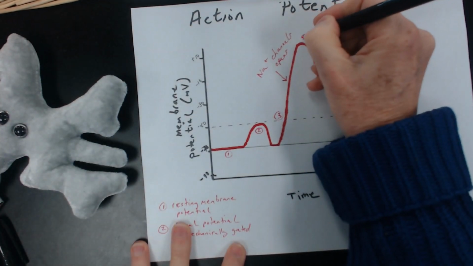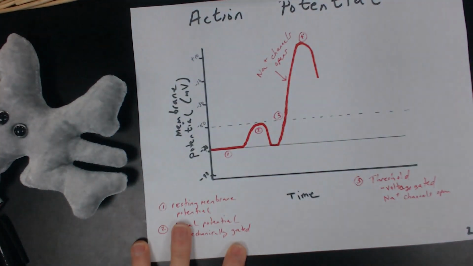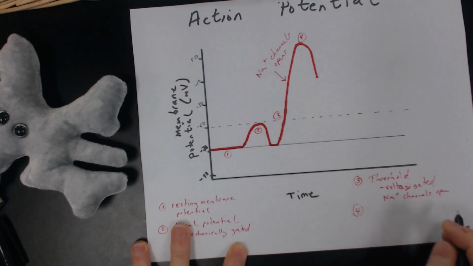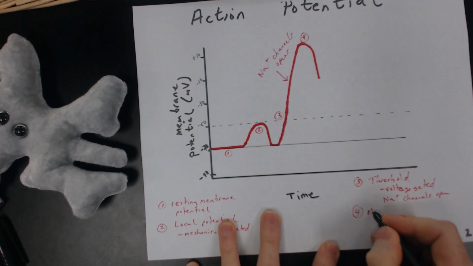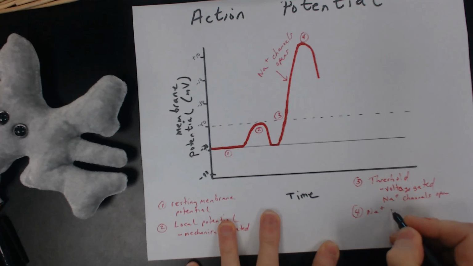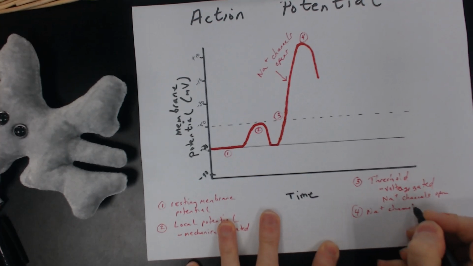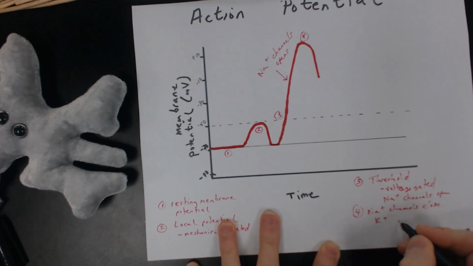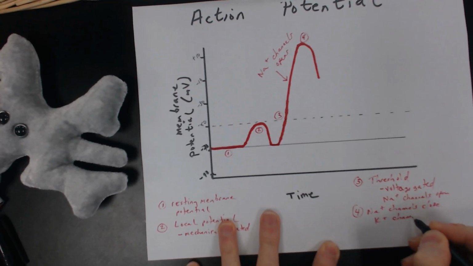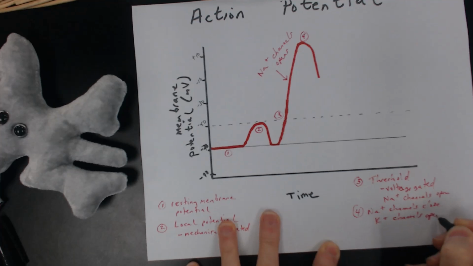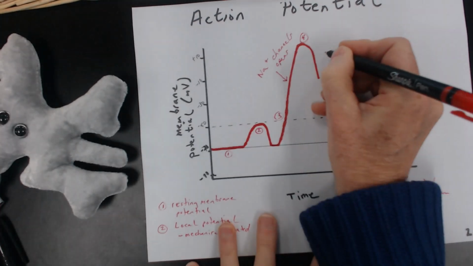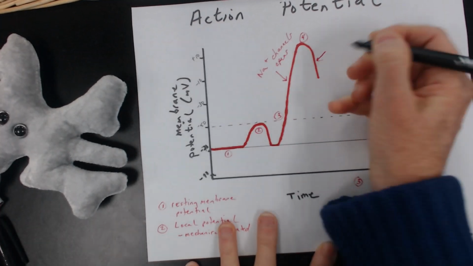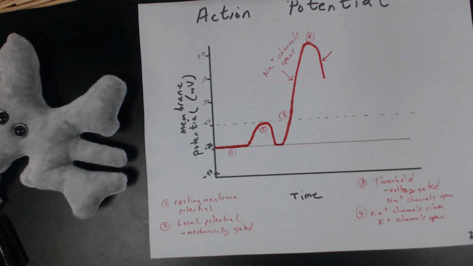At my peak here at 4, what happens is that the sodium channels close and my potassium channels open. So at this point, sodium has rushed in, but my potassium channels open.